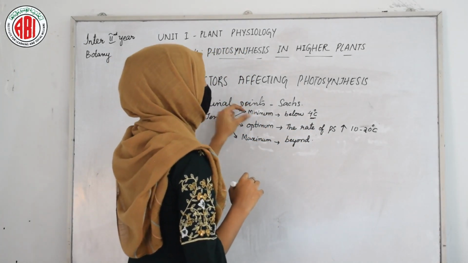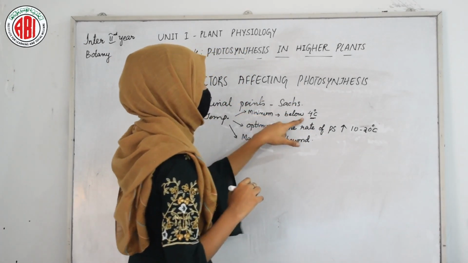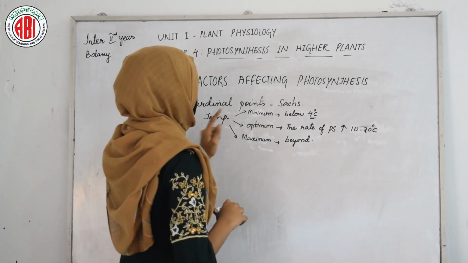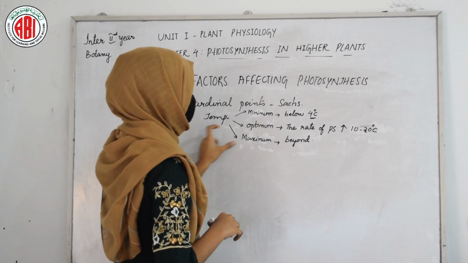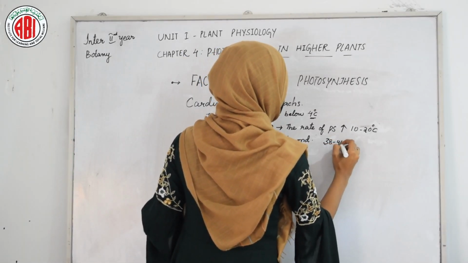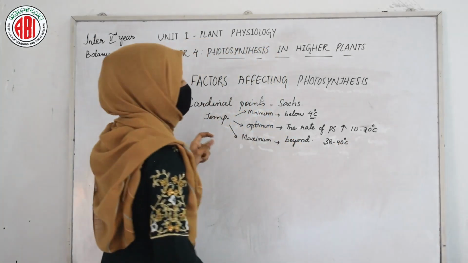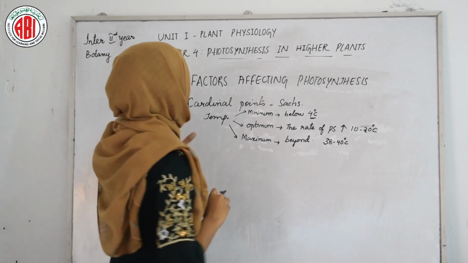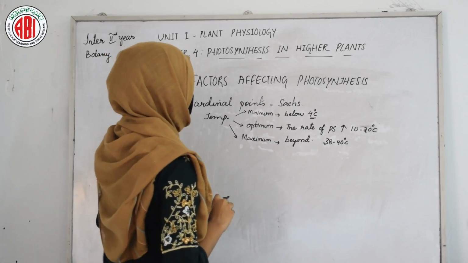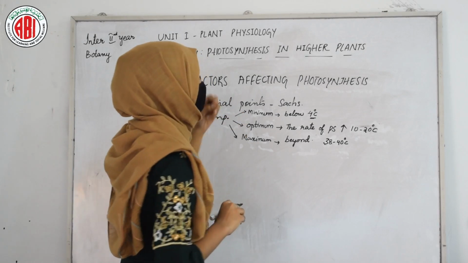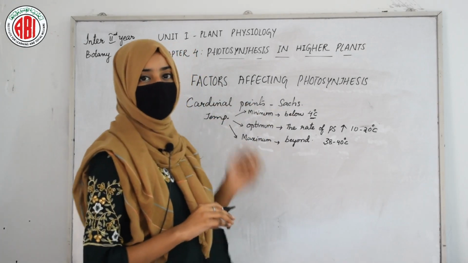When the range goes below this temperature, the photosynthesis would stop. And in the case of maximum temperature, if it goes beyond 38 to 40 degrees Celsius, then also the rate of photosynthesis would get affected. In this way, each and every factor will have three cardinal points that affect the rate of photosynthesis.